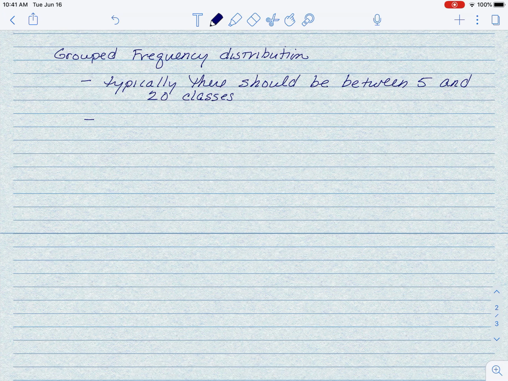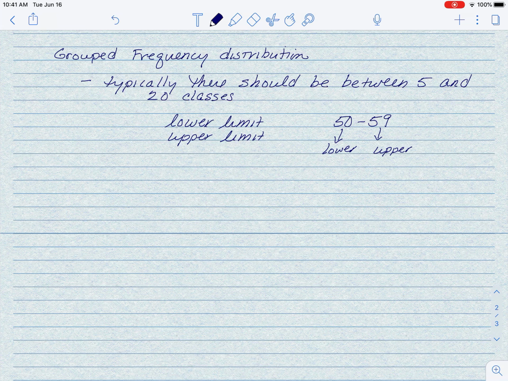Now, there's what's called a class width. Well, before we hit that, let's back up for a minute. When you talk about classes, you talk about a lower limit of a class and an upper limit of a class. For example, if I had a class that went from 50 to 59, this would be our lower limit of that class, and this would be our upper limit.